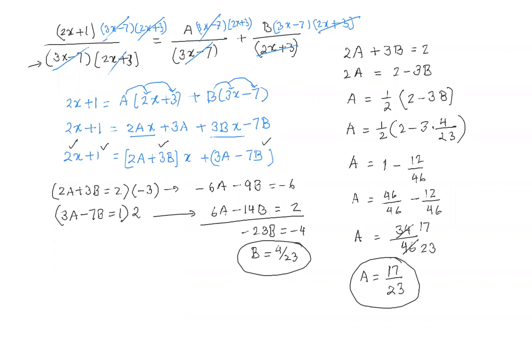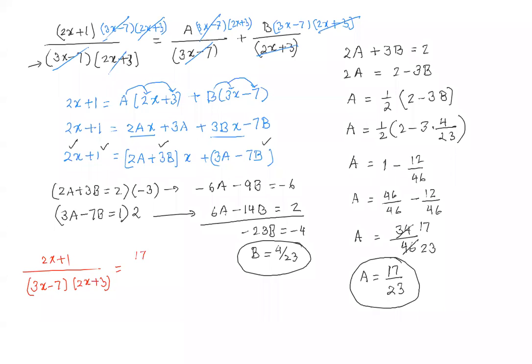And that is how you find the solution to this problem. Okay. Is it clear, everybody? Now your partial fraction is going to be, by the way, in case you're wondering, 2x plus 1 over 3x minus 7 times 2x plus 3 is equal to, A is 17 over 23, right?